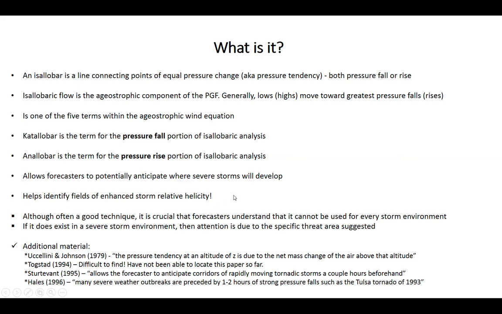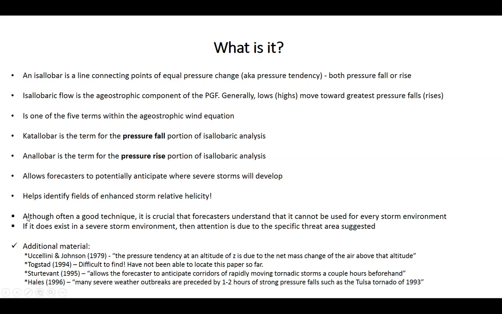You'll oftentimes find that the greatest storm relative helicity fields on a plan position indicator map will be co-located with the greatest isallobaric forcing or isallobaric flow. This isn't always the case, but especially in greater baroclinic or frontal environments, you'll find that that's the case.